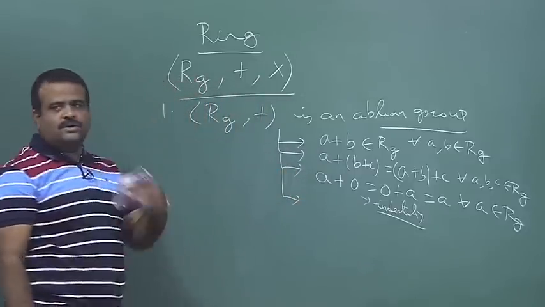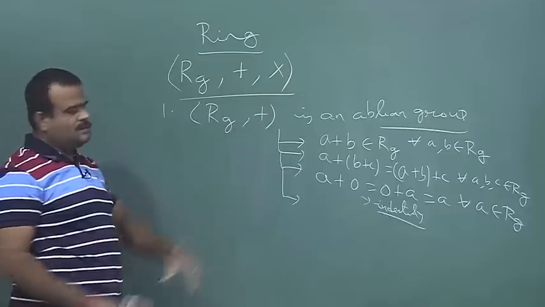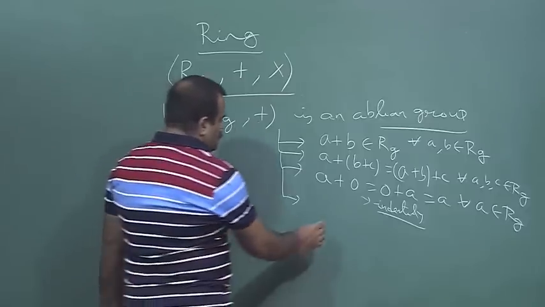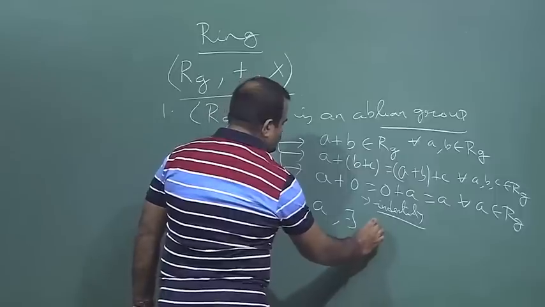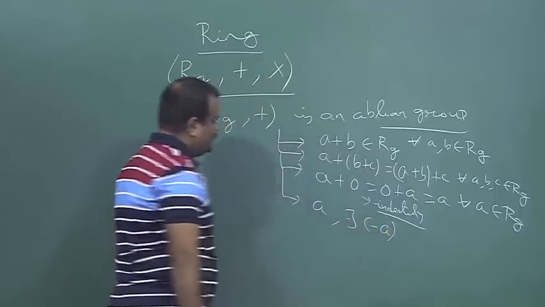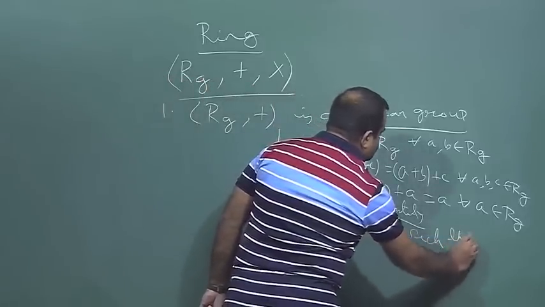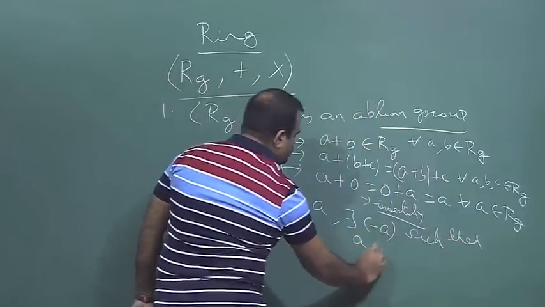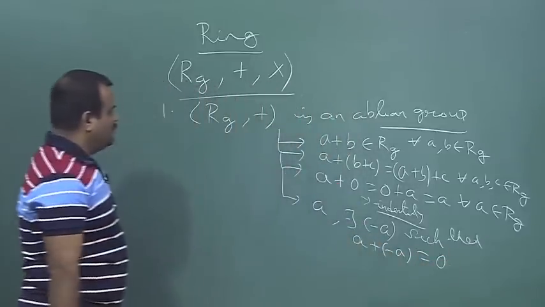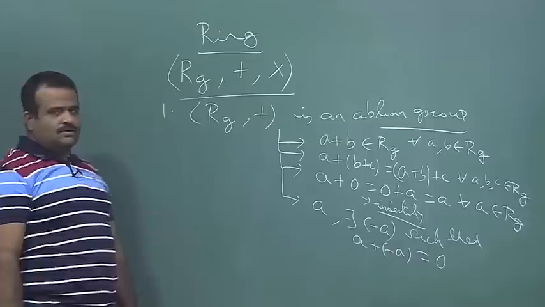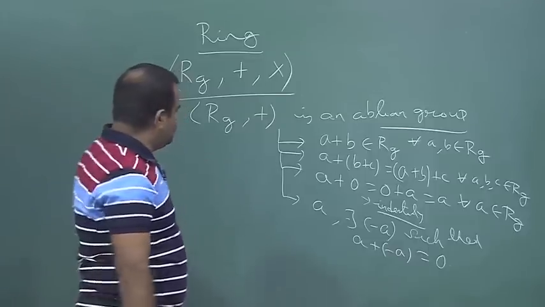Every element should have an inverse under this operation. So, for a given A, there must exist an inverse, which is denoted by minus A, such that A plus minus A is equal to the identity element. So, A operate B should give us the identity element. This is the existence of inverse.